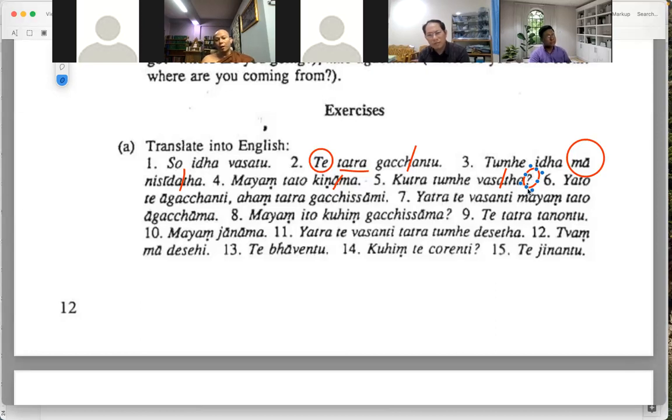Okay, those are simple sentences. Now complex sentences, or maybe compound sentences: a relative clause and a main clause.